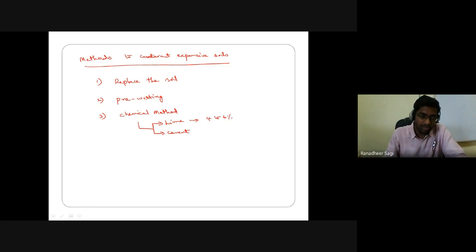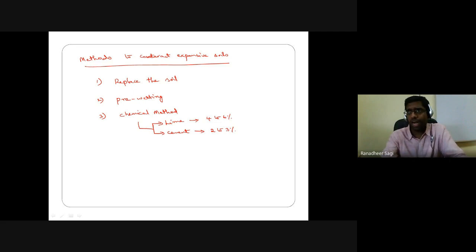In the case of cement, we say the optimized percentage of cement to soil ratio can be 2 to 3%. If you add more than 3%, effectively not much change will be seen.